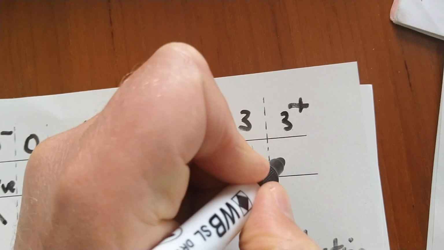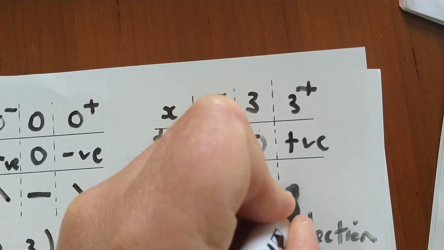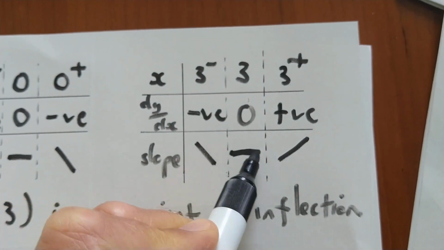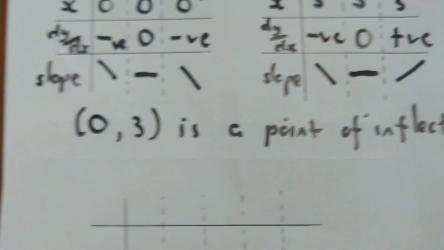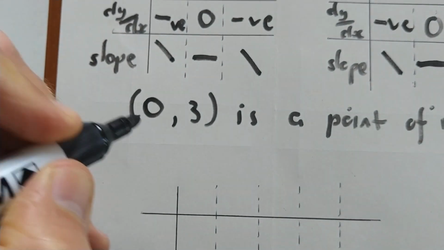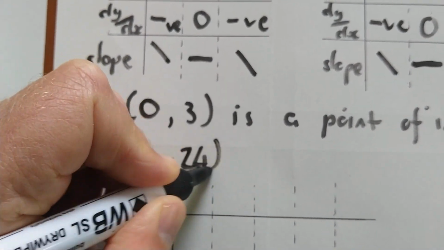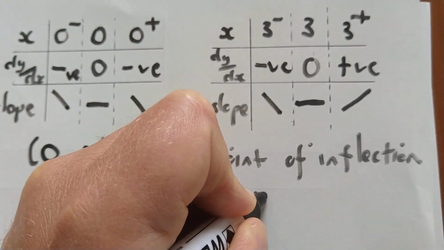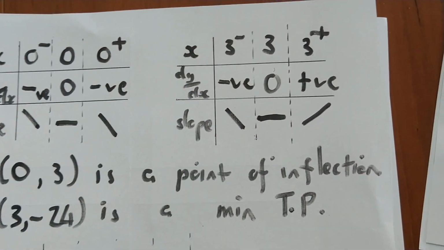So I'm going to put in here, that's positive, and this time my slope is going up. So it's going down, along for an instant, and up again. That's a minimum turning point. So my second stationary point, (3, -24), is a minimum turning point. And if I just want to write min TP, that's perfectly acceptable.